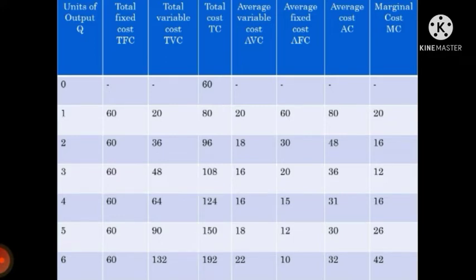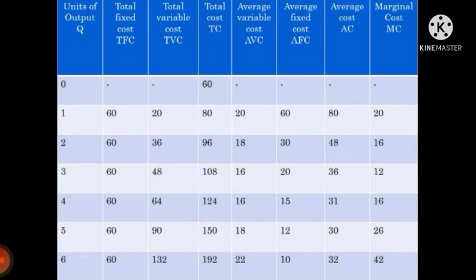The fixed cost, 60, divided by 2, is 30. At quantity 3, why is the average fixed cost 20? Because it is 60 divided by 3, which is 20, and so on and so forth. The average fixed cost keeps falling every time it produces a larger quantity.